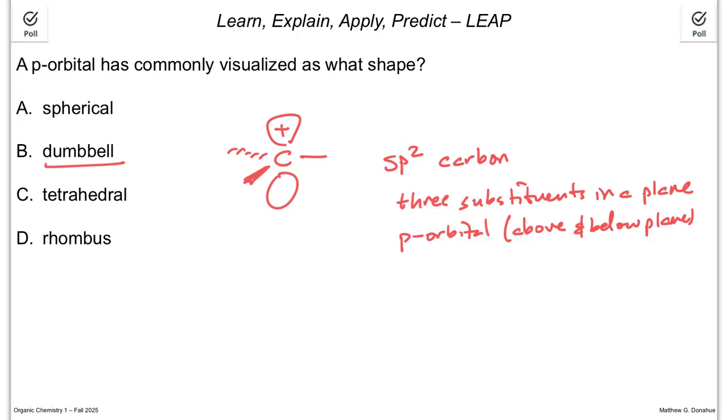So if you start with a stereocenter, that bond ionizes. The stereochemical information is lost. And the nucleophile can attack here or here.